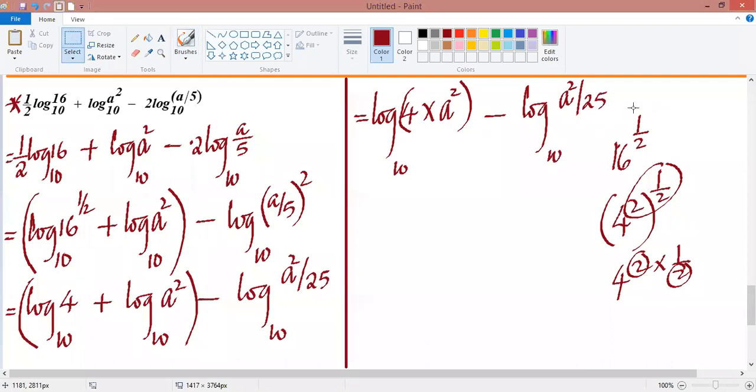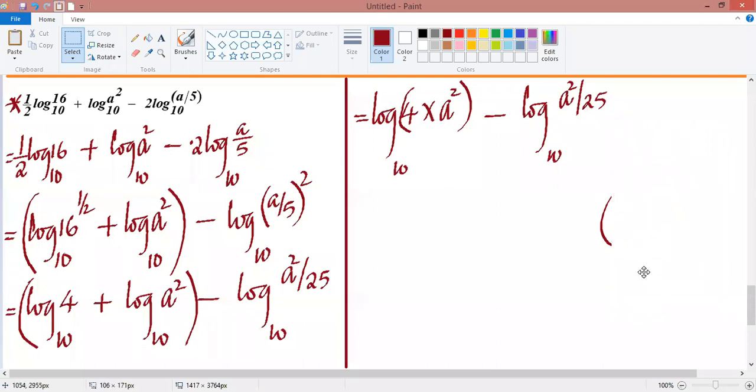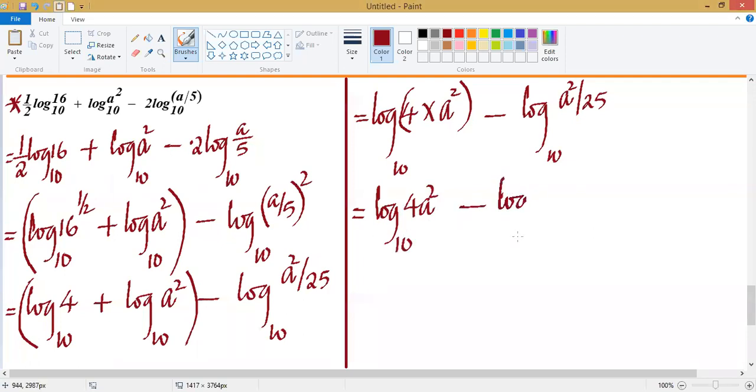Do we agree with where we are? Yes, sir. So what we have is the same as writing the log of 4a squared to base 10 minus the log of a squared over 25 base 10 again.